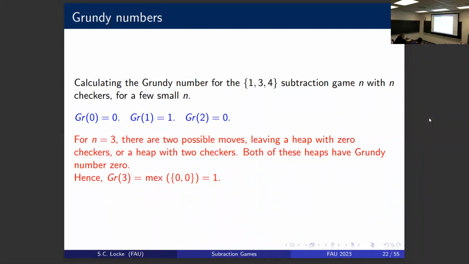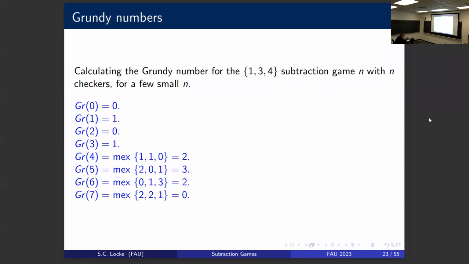How about for 3? From 3, I can move to 2, or I can move to 0. Both of those positions have Grundy number 0. So I can take all 3 away, or I can take 1 away, and I get 0 for the Grundy number in both cases. The minimum excluded is the 1, so the Grundy number for 3 is 1.